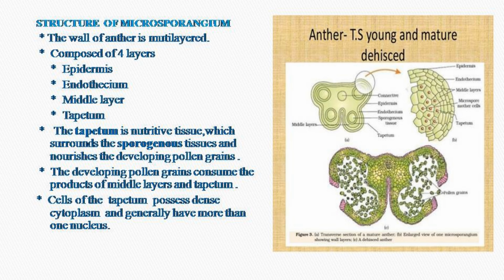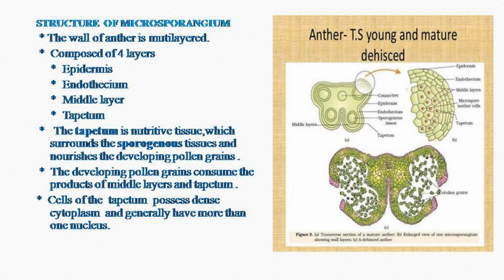Now here you can see the structure of the microsporangium, how the young anther is maturing, how it is forming four layers, and how it is getting dehisced. Everything is represented in this diagram and in this slide. So you can see the wall of the anther is multi-layered.